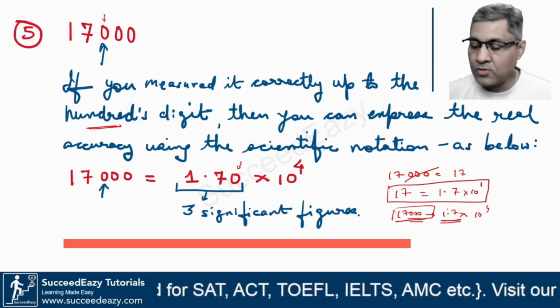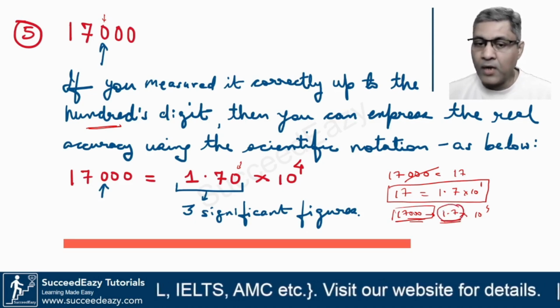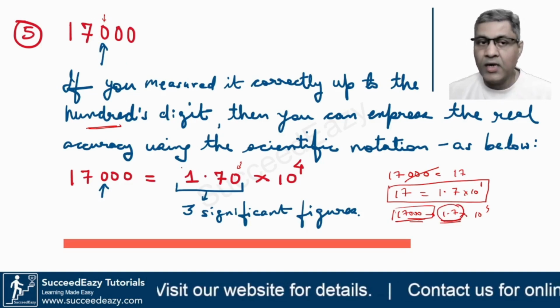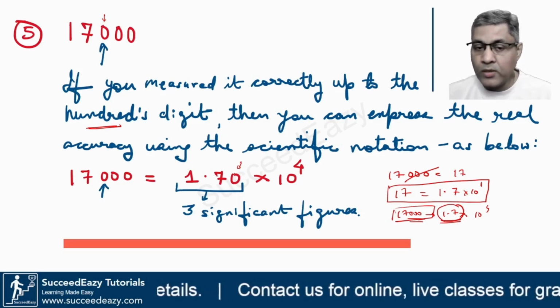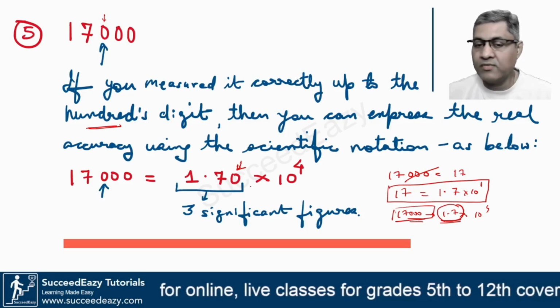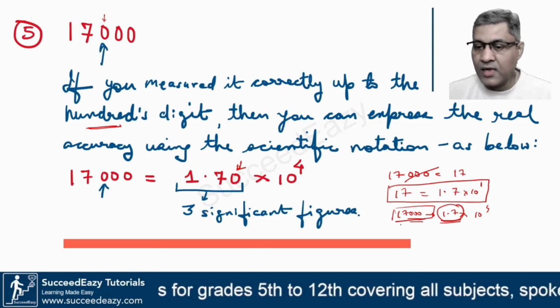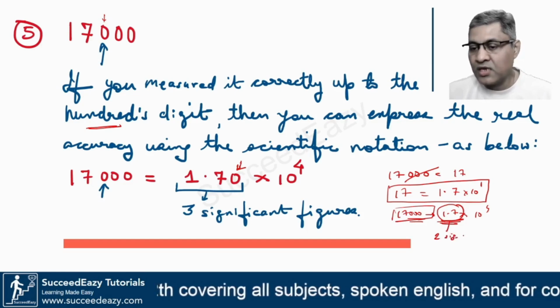The point that I'm trying to communicate over here is that, look, here it is 1.7, but if you have measured it correct up to the hundreds digit, and you want to show that level of accuracy, you are going to put another 0 here after 7. That means 1.70 into 10 to the power 4, which has 3 significant digits, as against 1.7, which has only 2 significant digits.